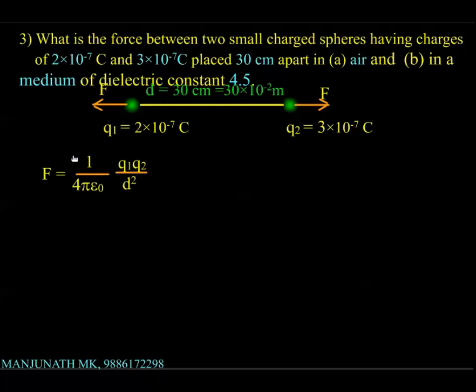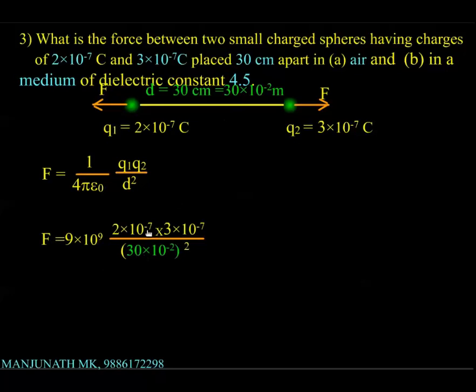We know the value of this 1 over 4 pi epsilon naught, that is 9 into 10 to the power of 9. So Q1 value is this much, let us substitute, and Q2 is 3 into 10 to the power of minus 7 divided by the distance square, that is 30 into 10 to the power of minus 2 whole square.